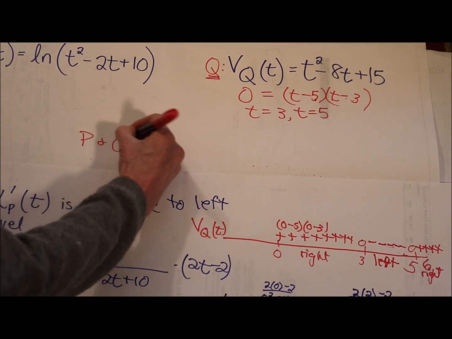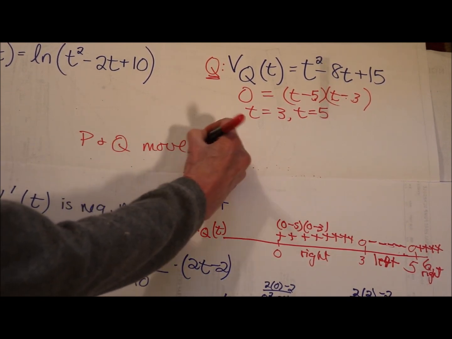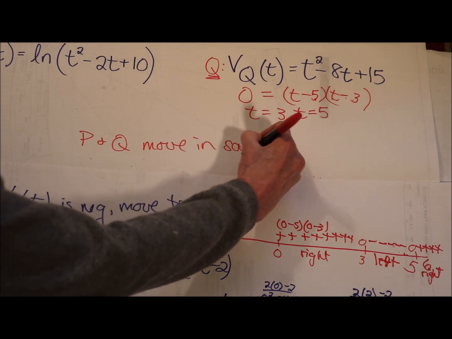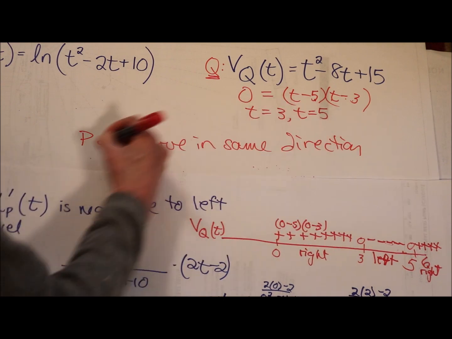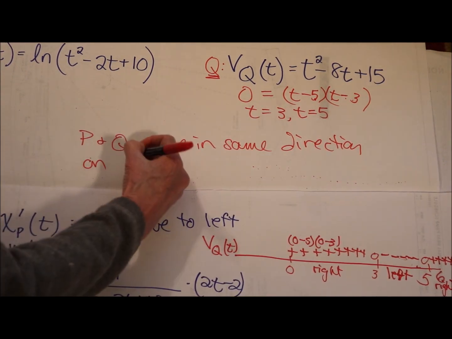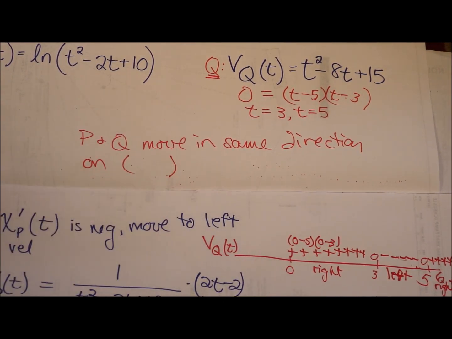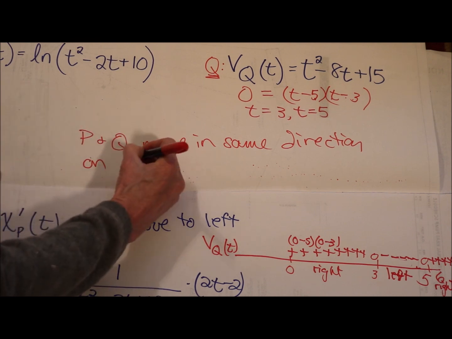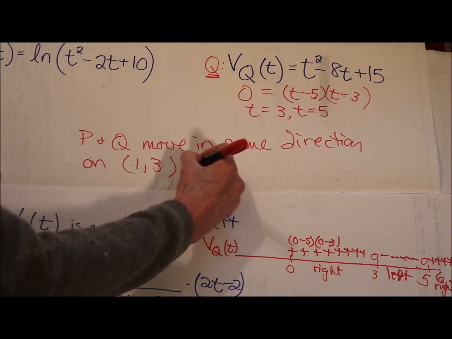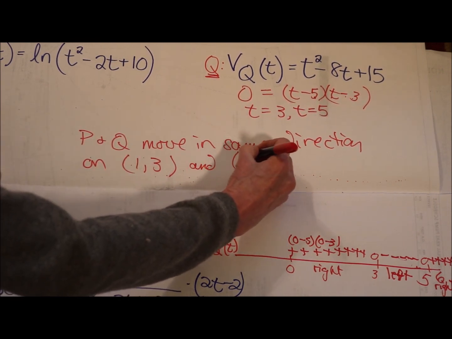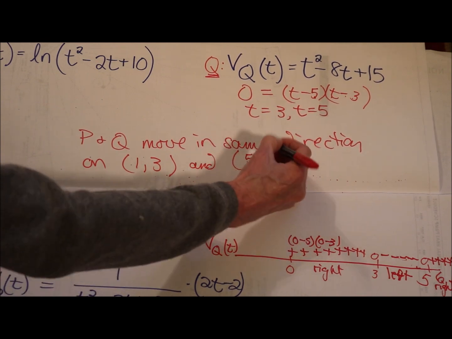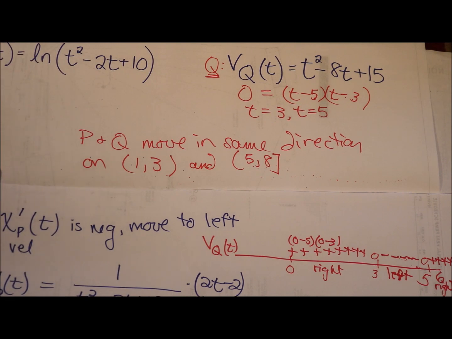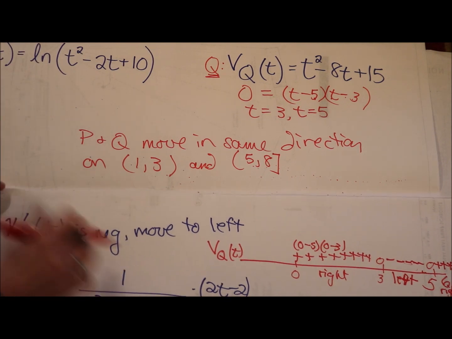Okay, so P and Q move in the same direction on the interval, and you can do this with interval notation or with greater than or equal, 1 to 3, and on the interval 5 to 8. And I guess since 8 is our endpoint, we would do that as an inclusive bracket. I don't think that's all that important.